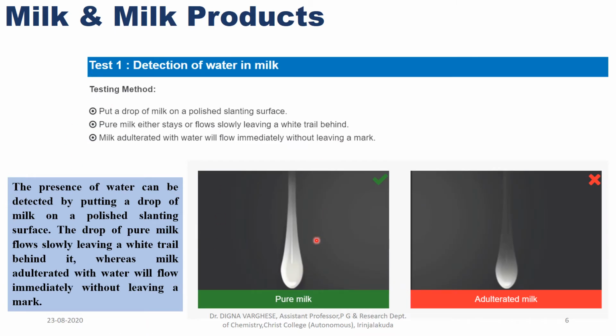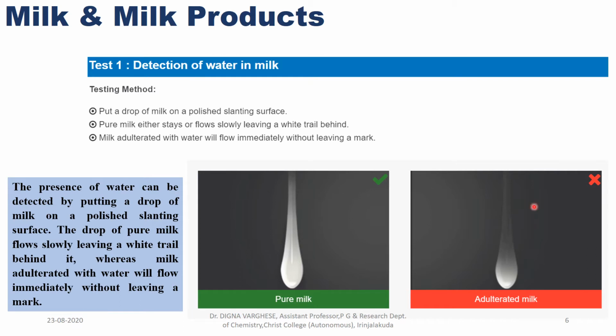Here we can see from the first figure that water can be detected by placing a drop of milk on a slanting surface. The drop of pure milk flows slowly, leaving a white tail behind it, whereas milk adulterated with water will flow immediately without leaving a mark on the surface.